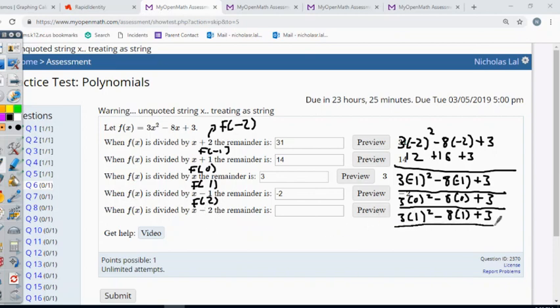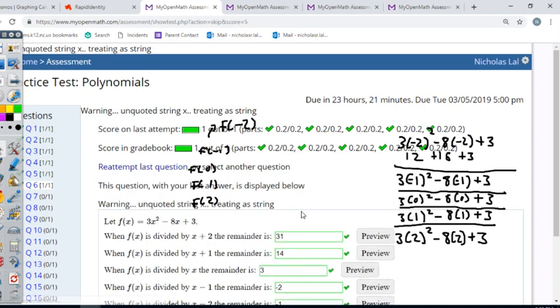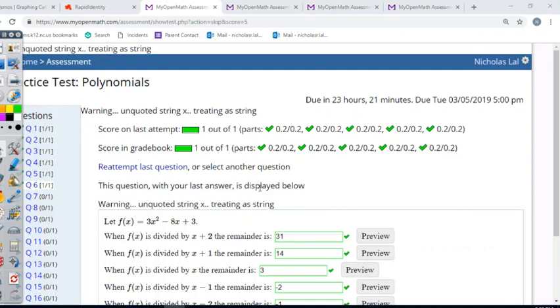That's 3 times 2 squared, which is 12, minus 8 times 2, so 12 minus 16 is negative 4, plus 3 is negative 1. All right, let's submit. All those were right. We successfully plugged in those values. So that is how we did question 6.